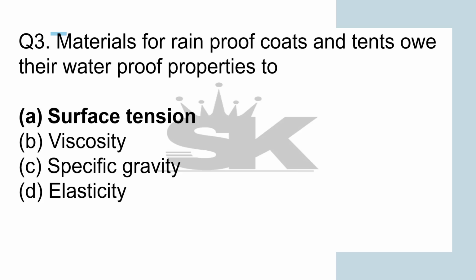Surface tension is the tendency of fluid surfaces to shrink into the minimum surface area. Okay, so the raincoats have high surface tension.